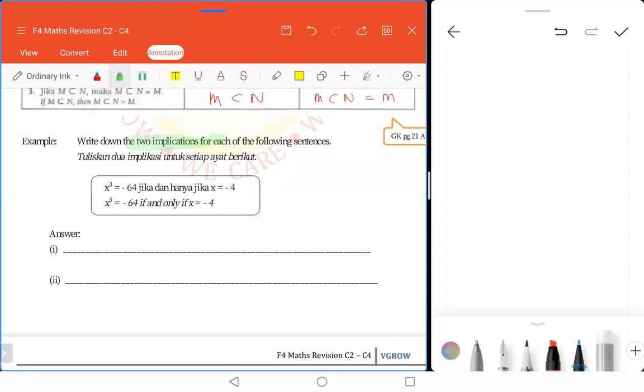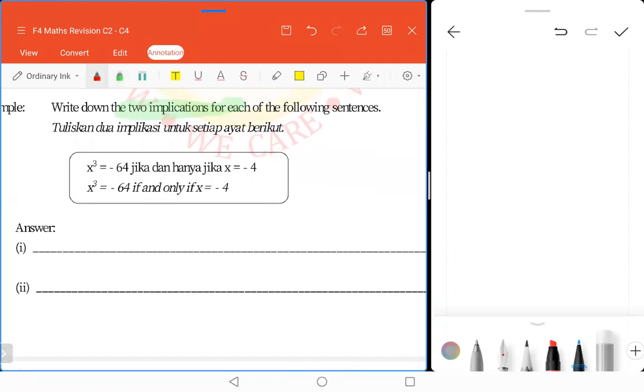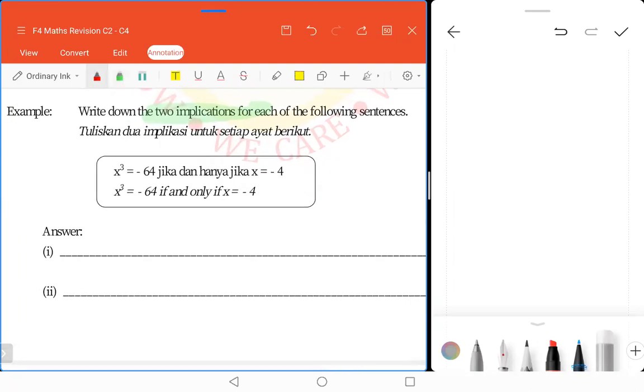All right. So continue. Write down 2 implications. Okay, for implications, we just need to cancel off the if and only if. Look at the example here. x cubed equal to negative 64 if and only if x equal to negative 4. So if and only if is here, so we cancel it off. We make this sentence into 2 short sentences, sentence A, sentence B. Implications means if then, if what, then what.